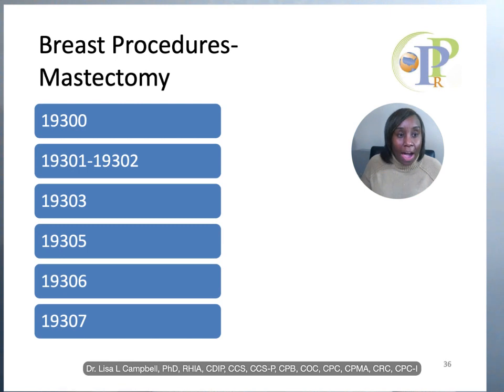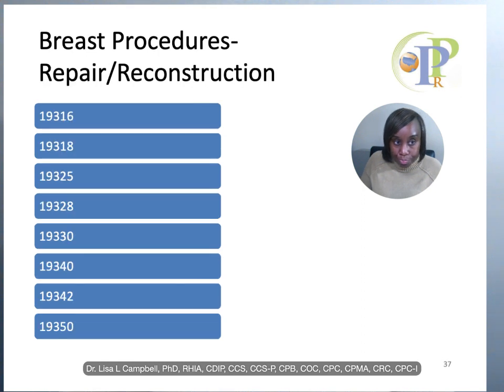All right, so after that, we have codes for our mastectomy procedures. They're divided based upon the type of mastectomy, and that's on page 123. And then our repair and or reconstruction codes actually got a redo for 2021.